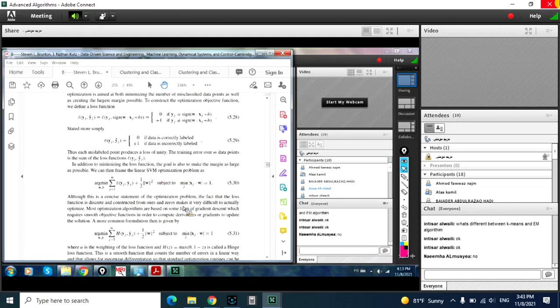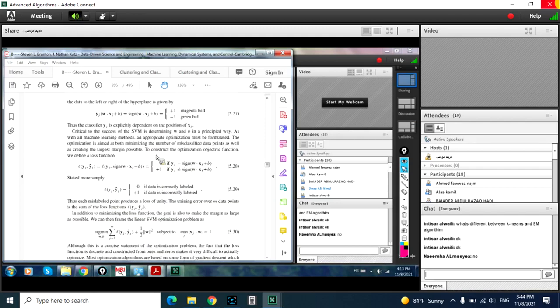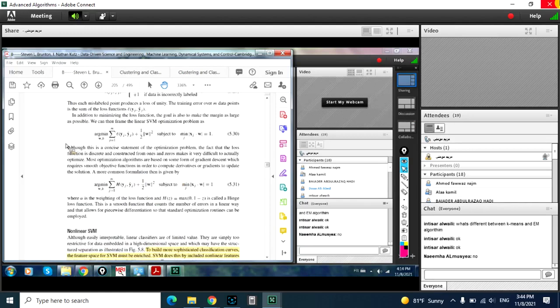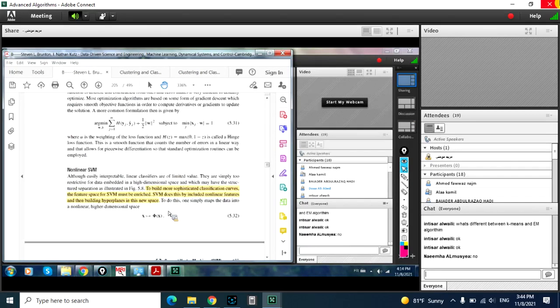Using some optimization algorithm, we can find the w and b. And as you see in the book, they explain totally, not in great detail. They only said that we can calculate it by optimization problems.